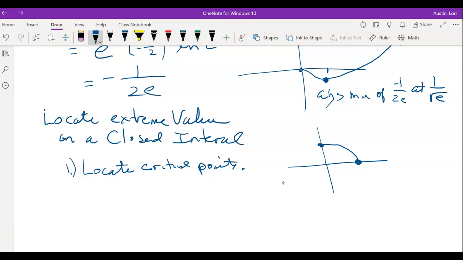This means where does f prime of c equal 0 or f prime of c does not exist. These points are candidates for max and mins.